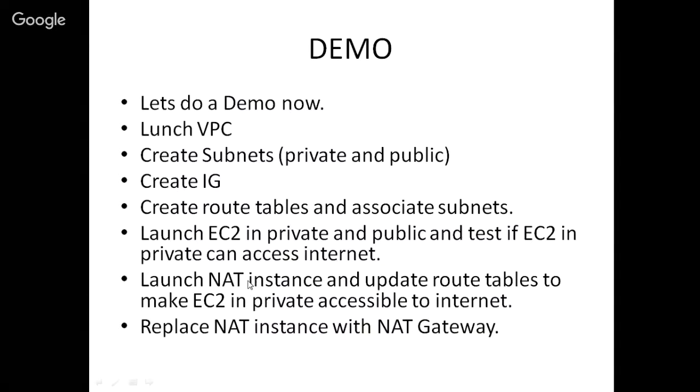So it is only you who has to maintain this NAT instance always. Okay, you have to patch it, you have to maintain it. So if you have NAT gateway, it is not your responsibility. It is Amazon responsibility. Okay, and it is highly resilient. So it is always recommended to use NAT gateway instead of NAT instance.